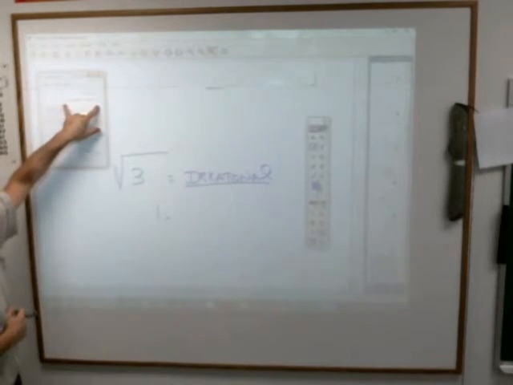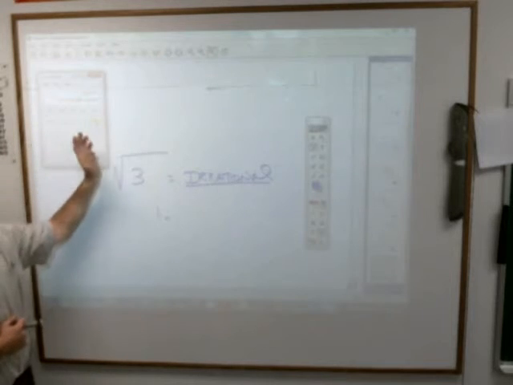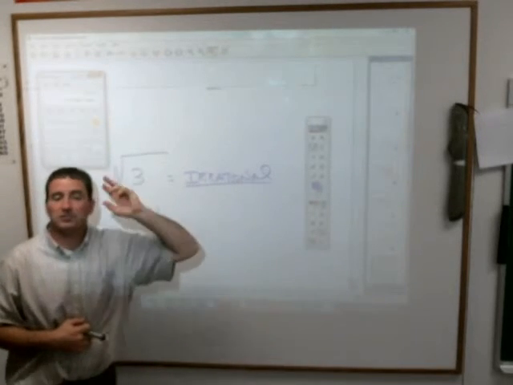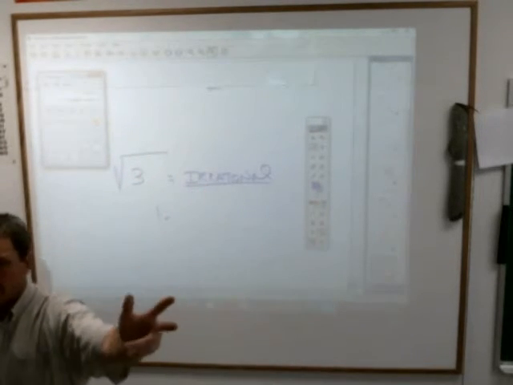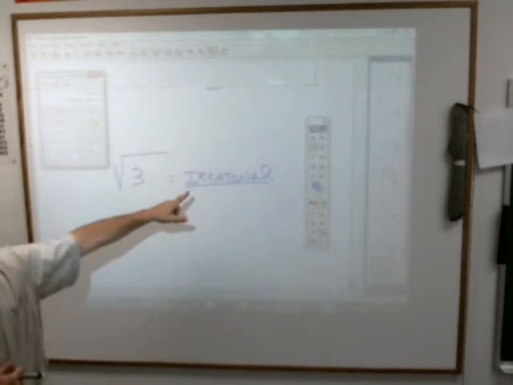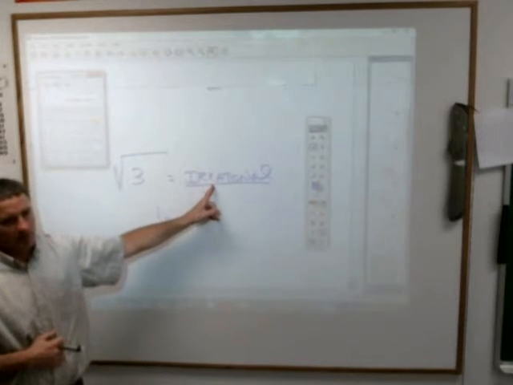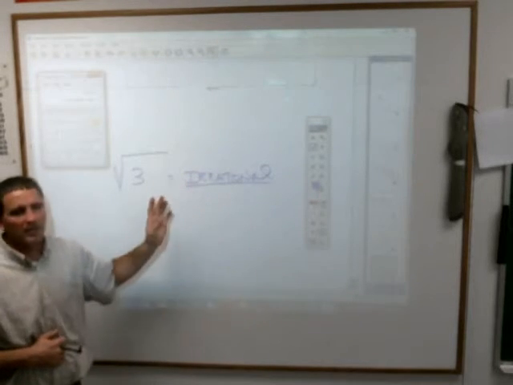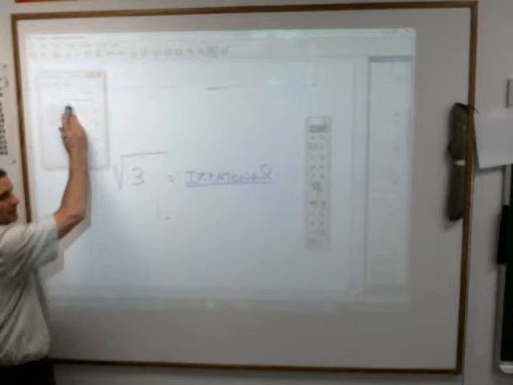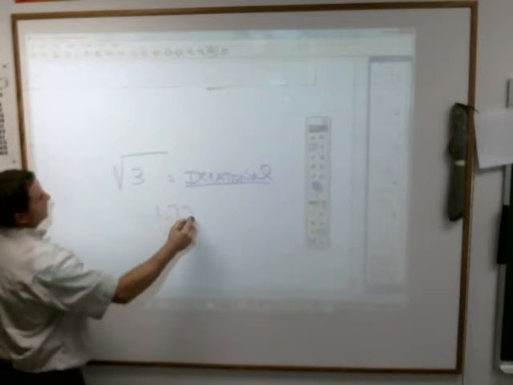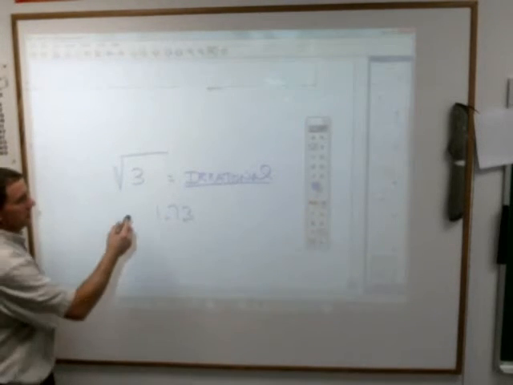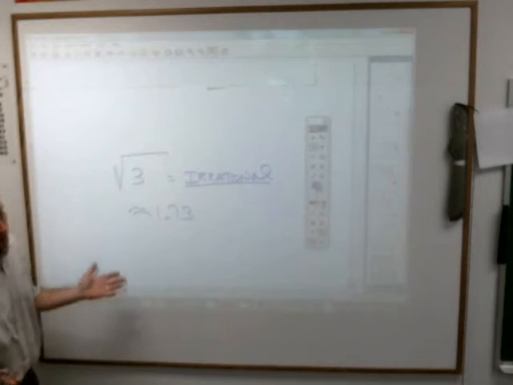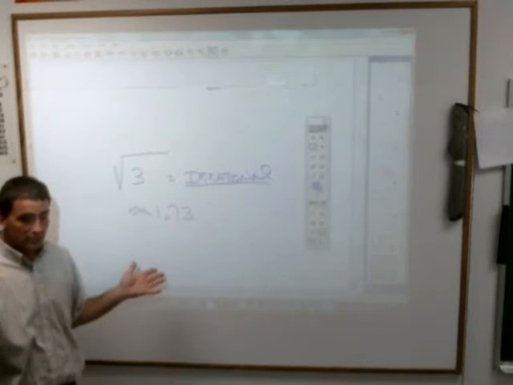But that only stops because my calculator only has that many digits. This number would keep going on forever, and because it goes on forever and never ends, it's called irrational. Now, that doesn't mean life is hopeless for all involved, because we can get awful close to what it is. We know that it's very close to 1.73, so we'll say close is good enough for us, and we'll call it 1.73 if we have to use it.